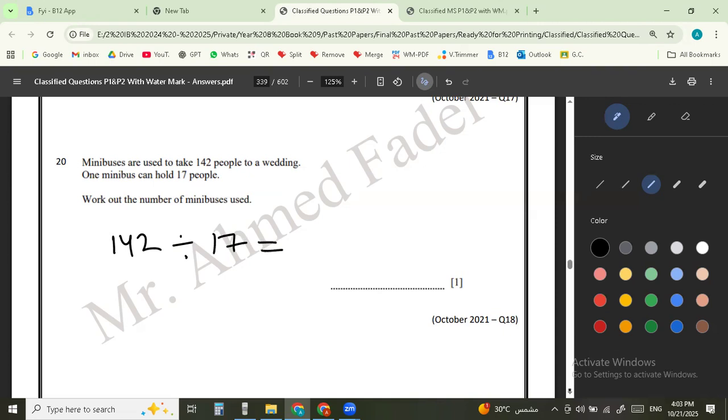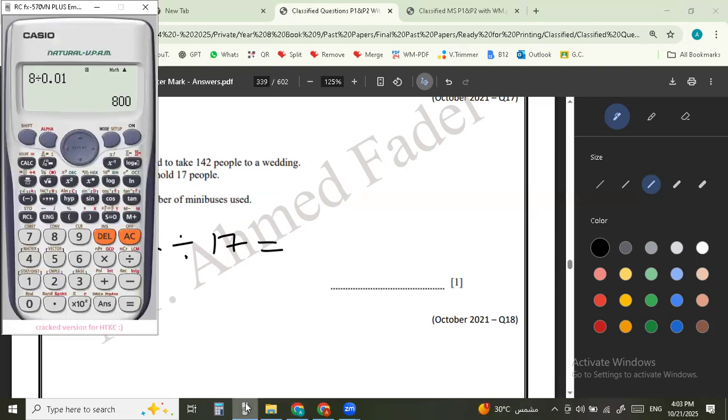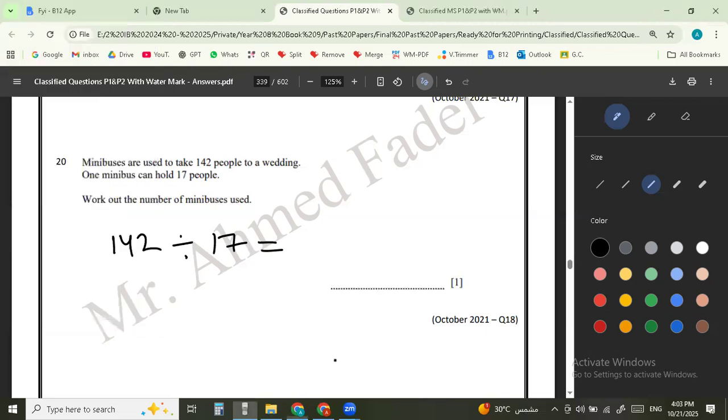How many buses are needed? I'm going to say 142 divided by 17 equals 8 point a lot of digits. Can I say 8.5 buses? No, no. Even if it's 8.1, I'm going to round up. It is 9 minibuses.